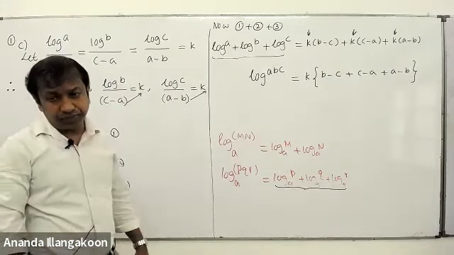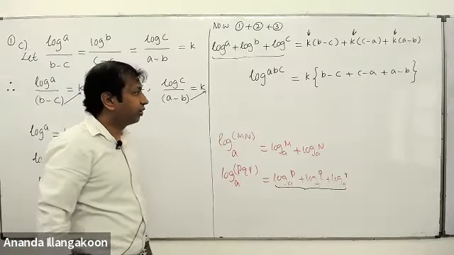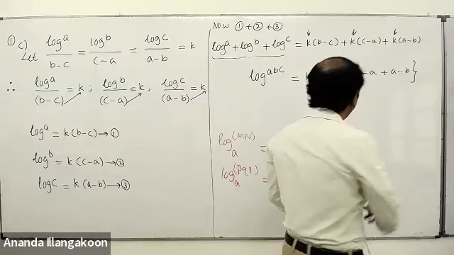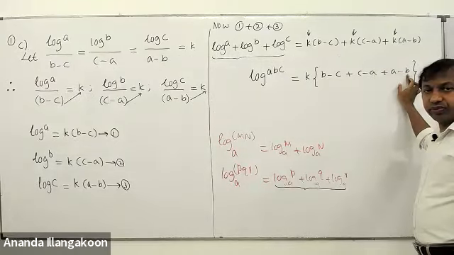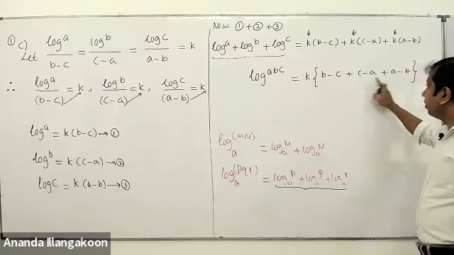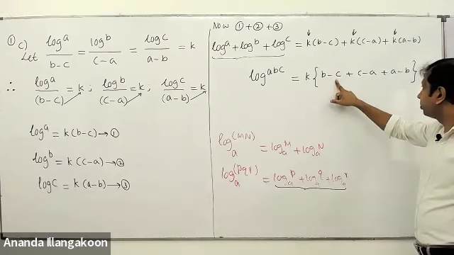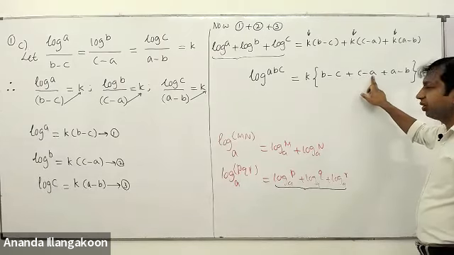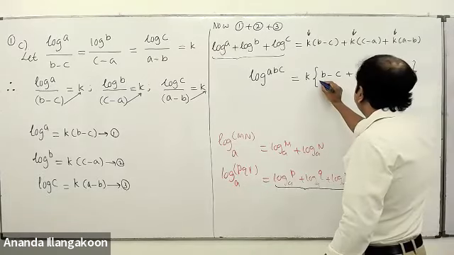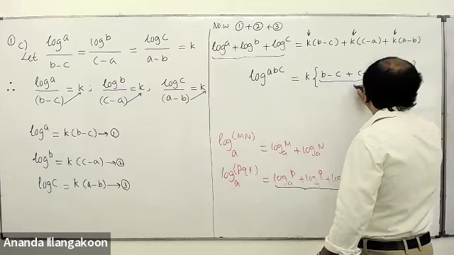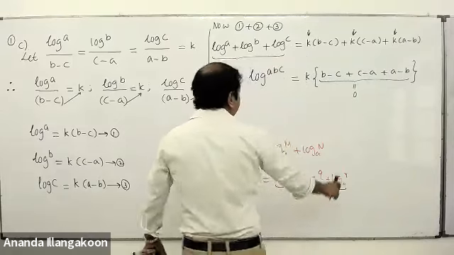Now within this bracket, you can see a certain simplification we can do. What's that? b minus b, 0. c minus c, 0. a minus a, 0. Finally, this is 0. Within the bracket now we have 0.